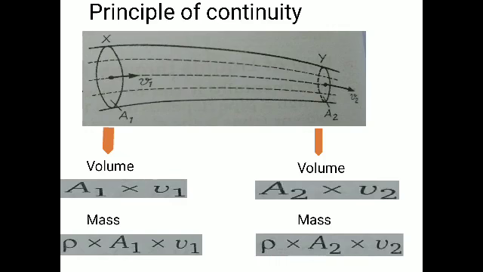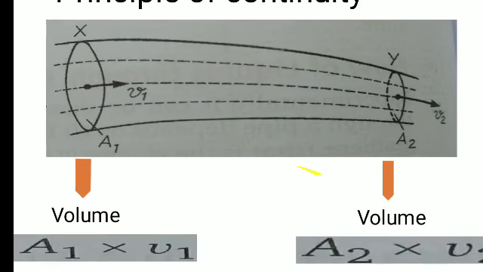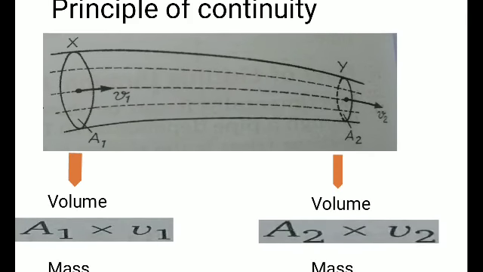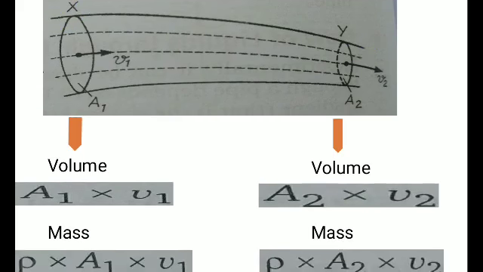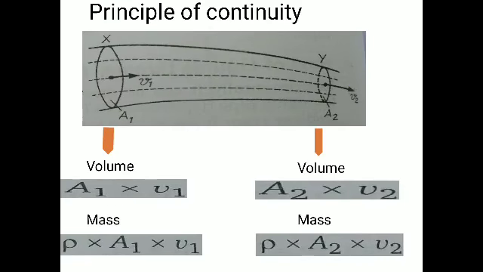So it might sound confusing, but over here what you can see in the diagram is that this tube is of a non-uniform cross-section area. That means the area over this point X and the area of the pipe over this point Y is different. It's not the same.